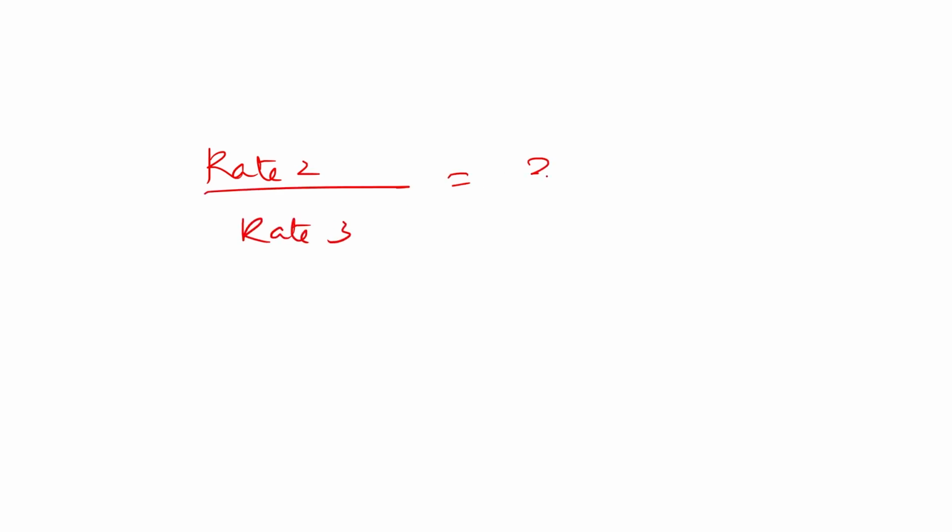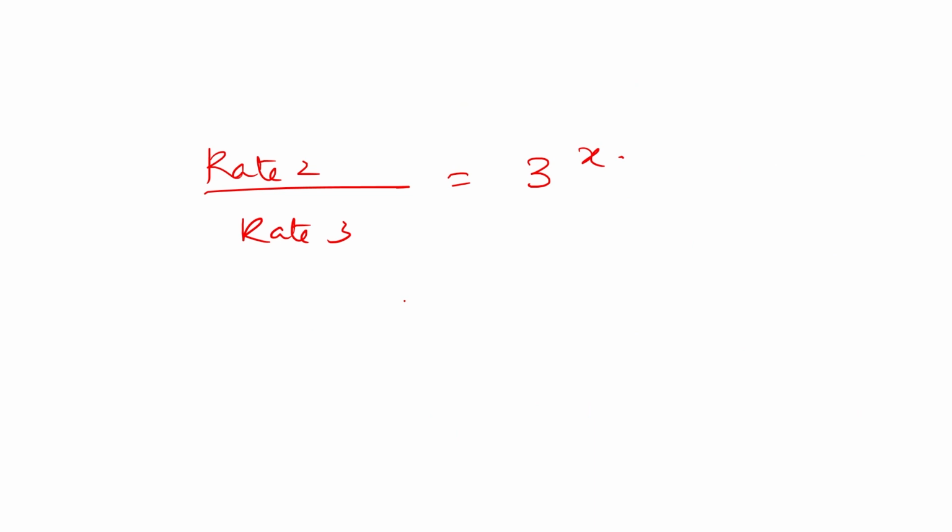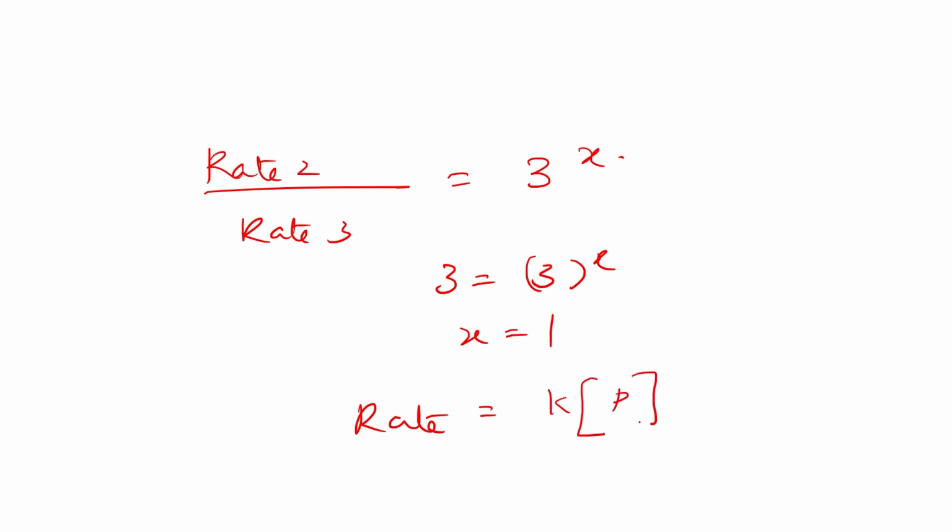How much is it? Equal to 3 to the power x. Now students, see here, I'm seeing the values. 1 by 3. 3 ones are 3, 3 threes are 9. Now rate 2 by rate 3, if it comes 3 to the power x, x is equal to 1. So rate is equal to k into [P]. That's all. Simple as that.